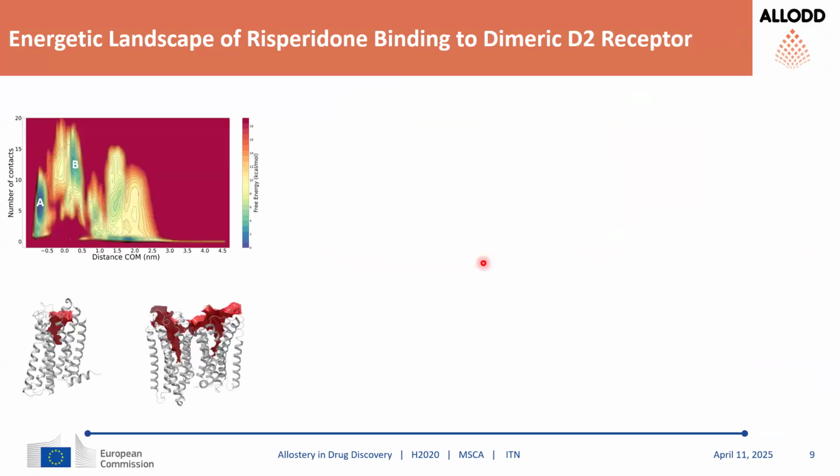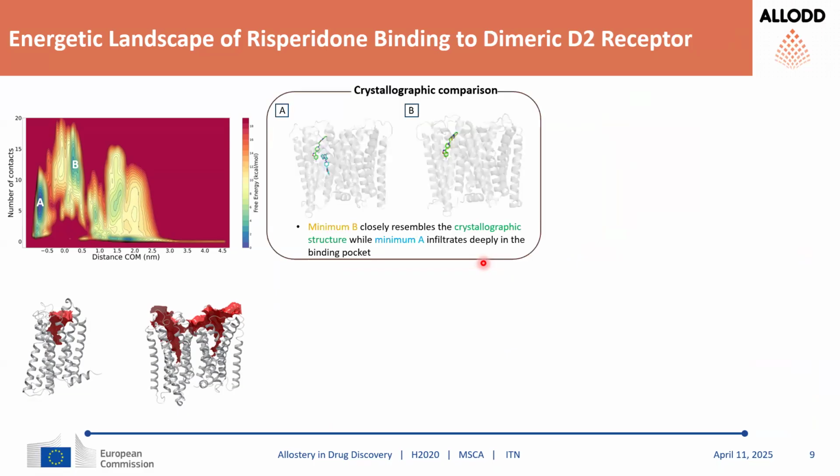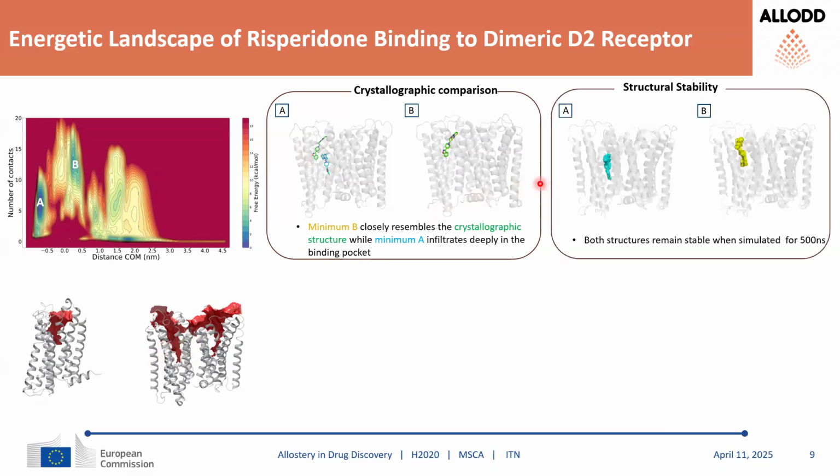Then at this point, we switch into the dimeric receptor, and we performed the same experiment. Also in this case, we saw two minima, and also in this case, one of the two was very similar to the crystallographic pose. However, what changes now is that the other minimum is completely different, and the ligand penetrates way deeper in the binding site, and this is because now this volume here is accessible in the dimer.